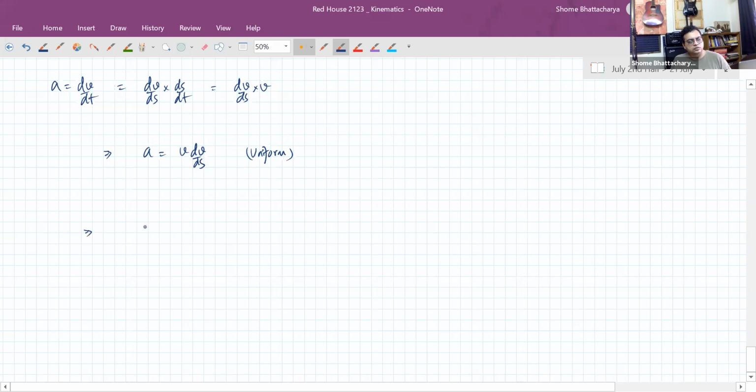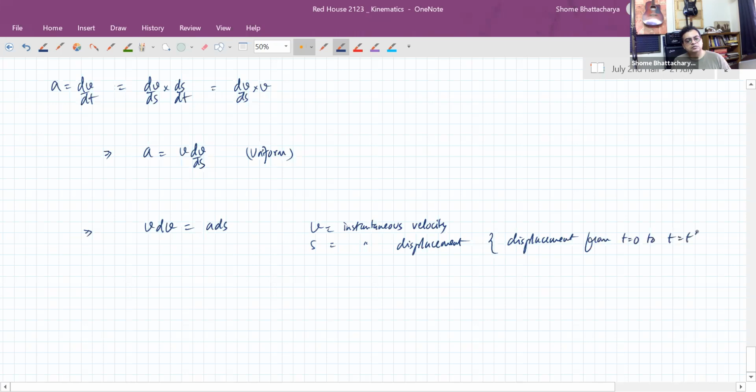So if you cross multiply this now, we get like this, where v is instantaneous velocity, s is instantaneous displacement, that is, it is displacement from t equal to 0 to t equal to t.